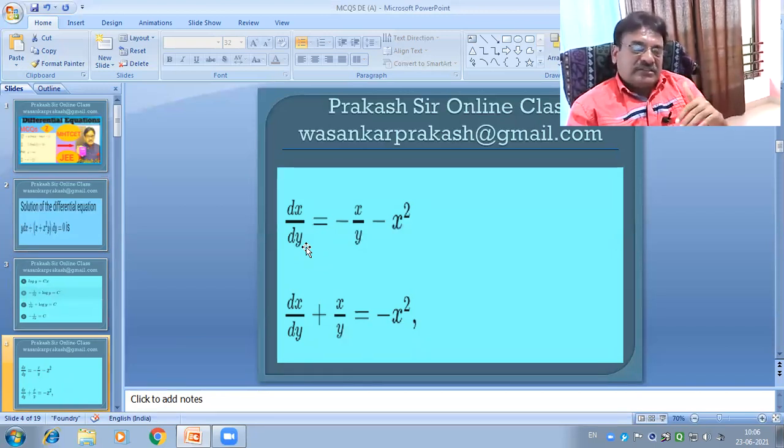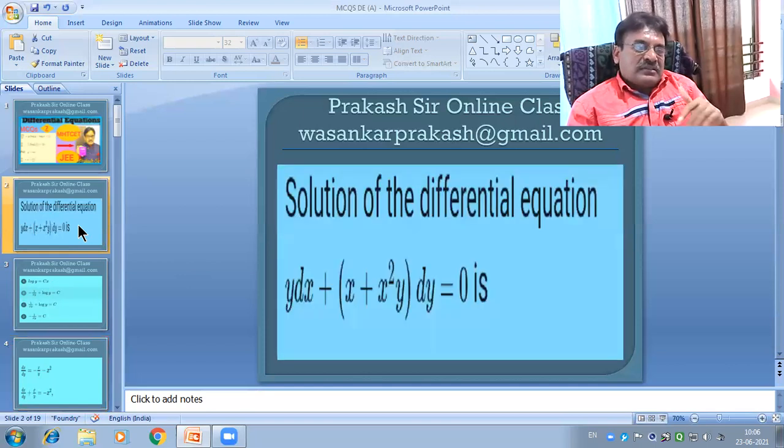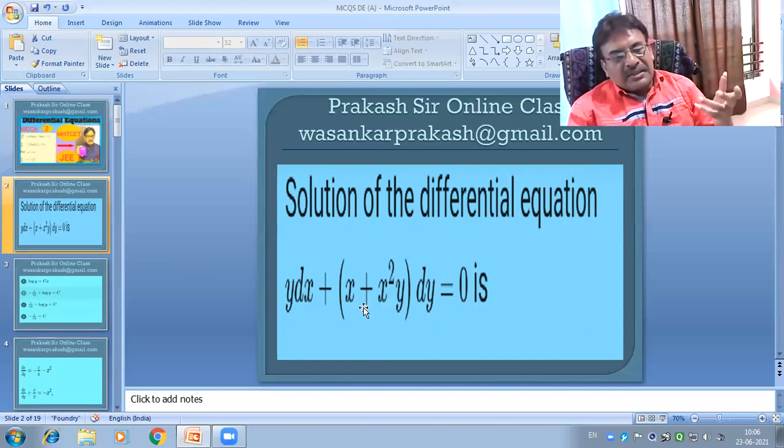Again we repeat this. This is the given differential equation and we solve it. First we convert it into a linear differential equation. For this, it can be written as y dx equals minus x plus x square y dy. Then divide both sides by y.